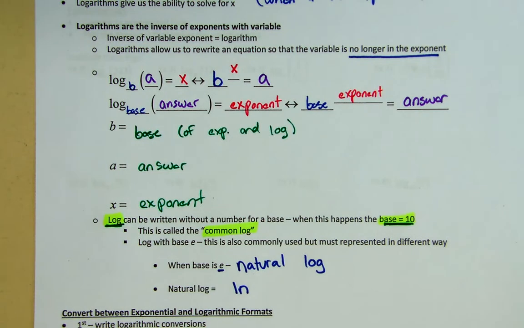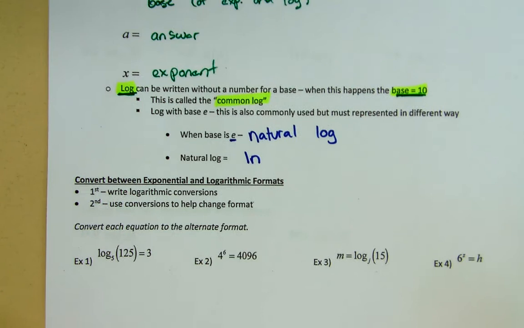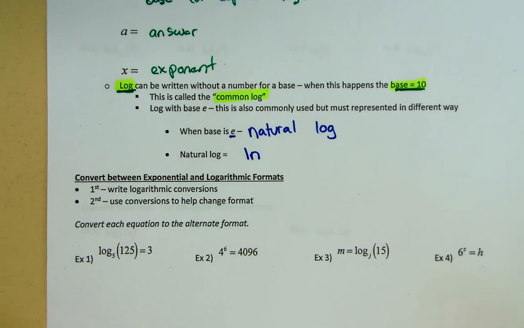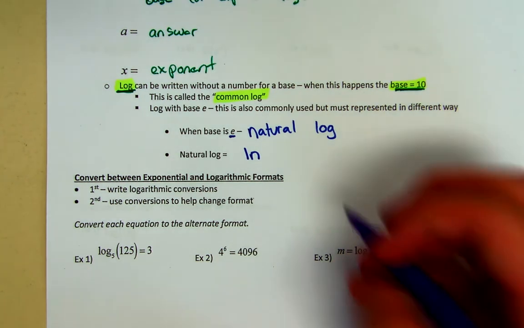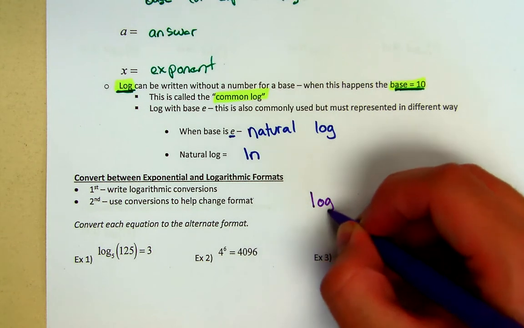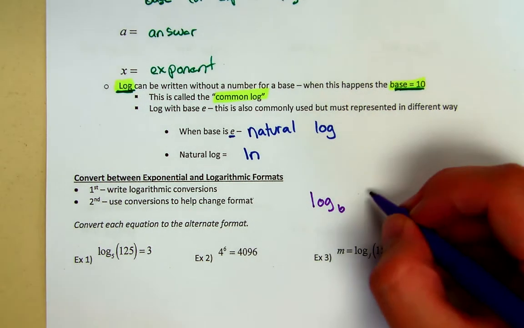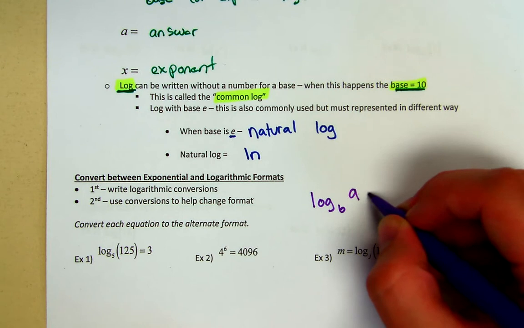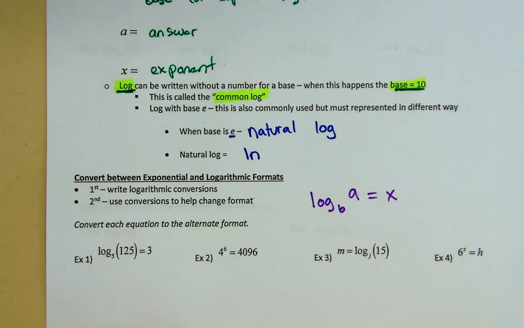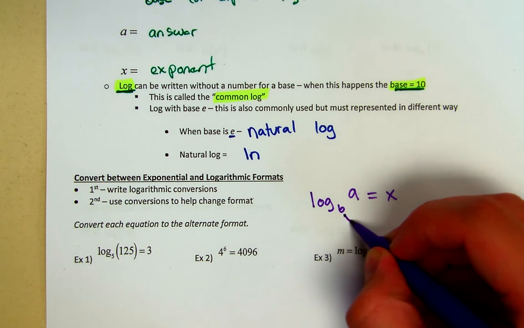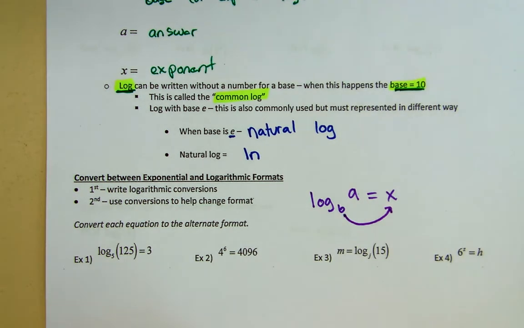Let's put this all into how we convert here. So first, we're going to write logarithm conversions, and we're going to use conversions to help us change the format. The way I like to think about this is if we start with log base b of a equals x. Always start with the base. So start with the base to some exponent.